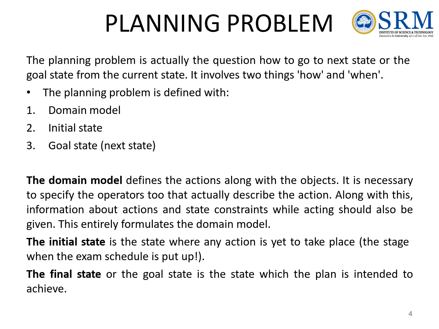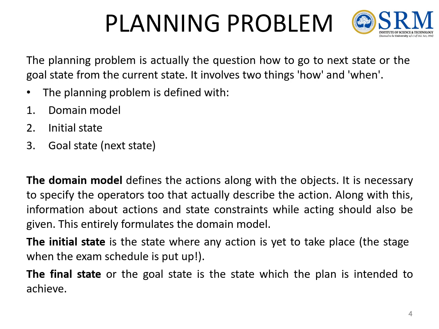What is domain model? It defines the actions along with the objects. It is necessary to specify the operators too, that actually describe the action. Along with this, information about the actions and state constraints while acting should also be given.